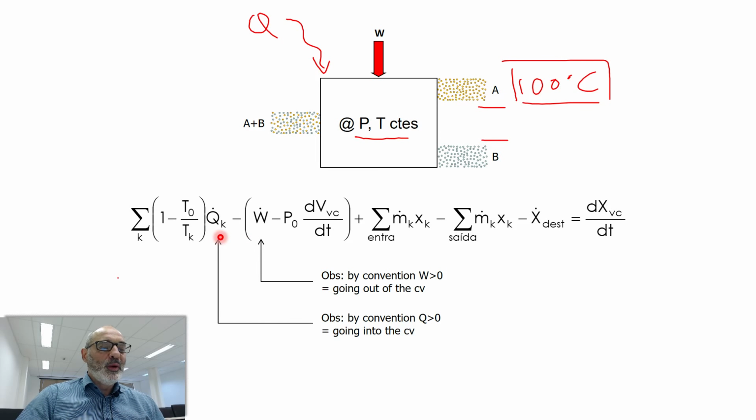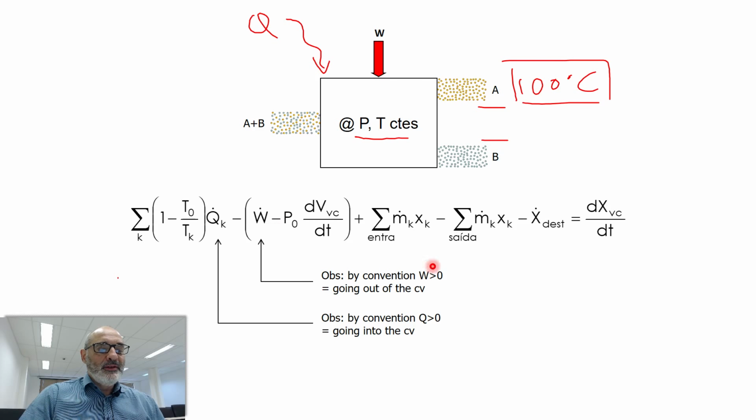2 points here are sign convention, okay? So Q is positive when heat is flowing into the control volume. This is a convention. If we calculate a negative Q, that means that Q is going out of the control volume. So this Q is positive when it's going into the control volume, and W is the opposite.